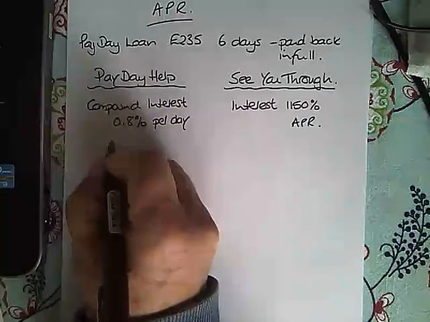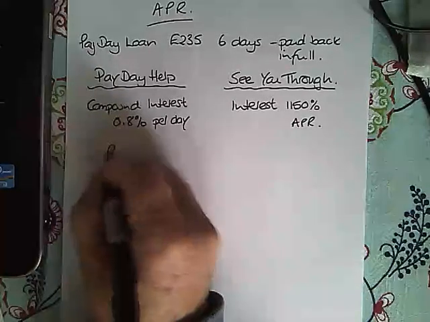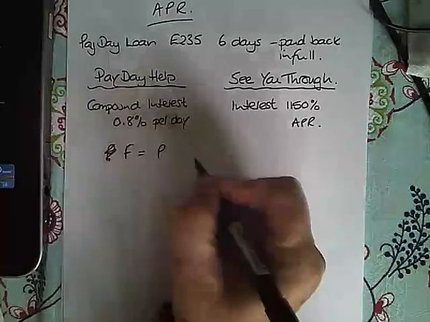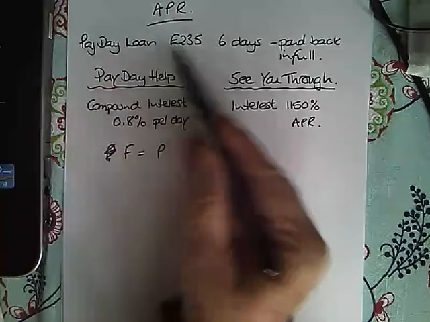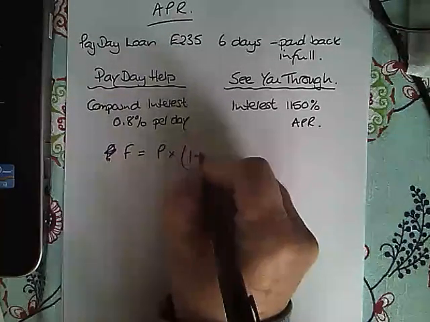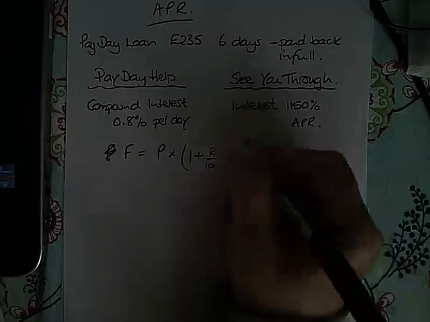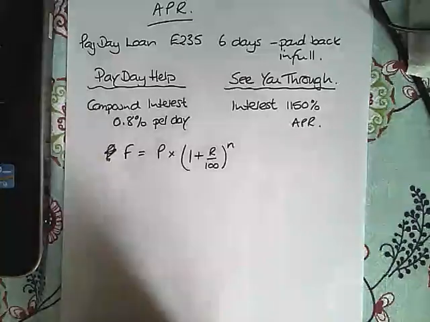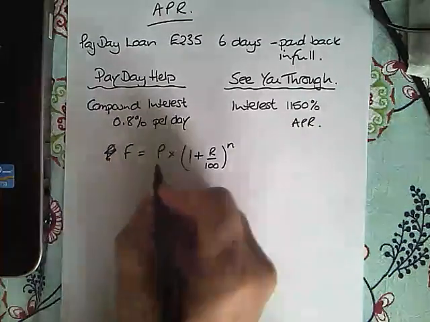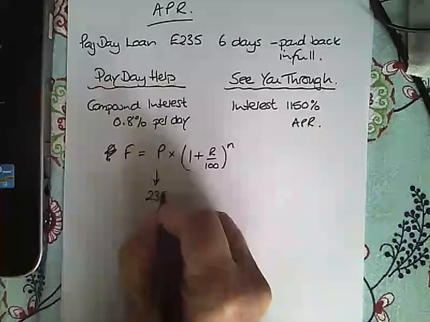So the final amount is going to be the principal sum, which is the first amount you start off with, the loan, times 1 plus the rate over 100, to the power of how many payments there are. So if we fill in our values, the loan amount is £235.